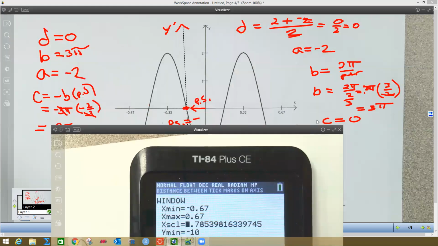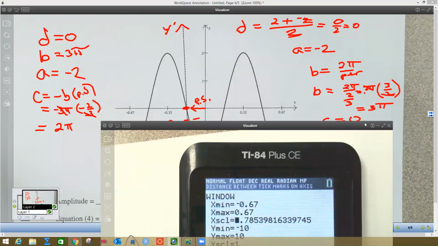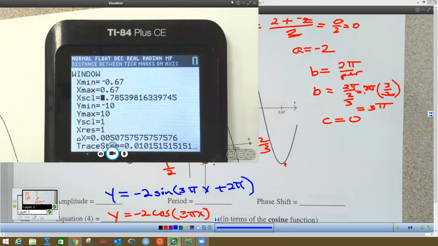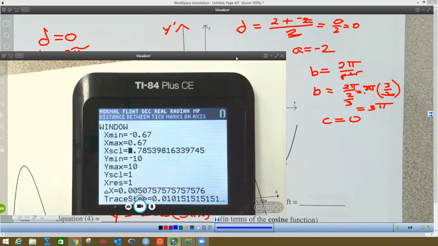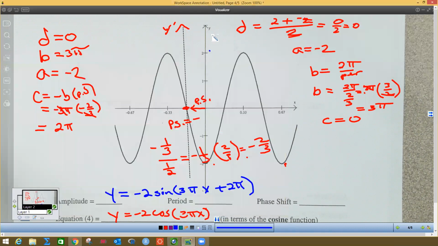So my tick marks are, well, it's actually that number I found right here, -2/3. So I'm going to make my tick marks -2/3. And my maxes are, let's say, -3 to 3. And I grab it, and it should look like the graph you see right there.